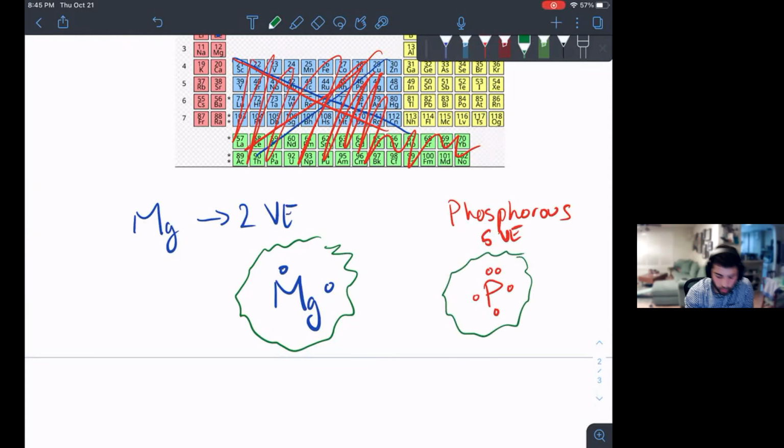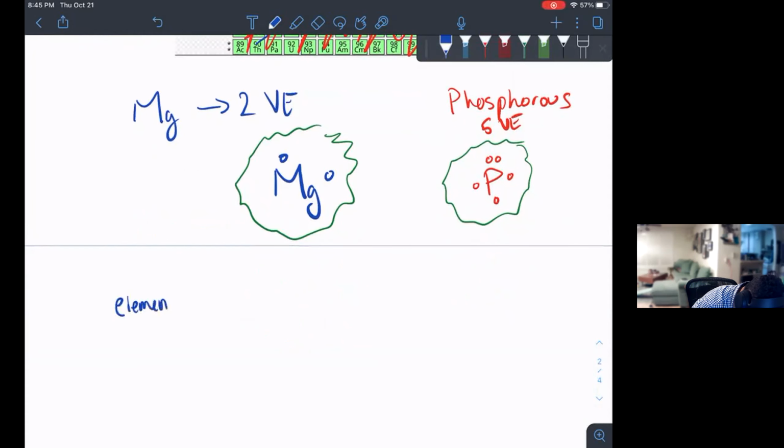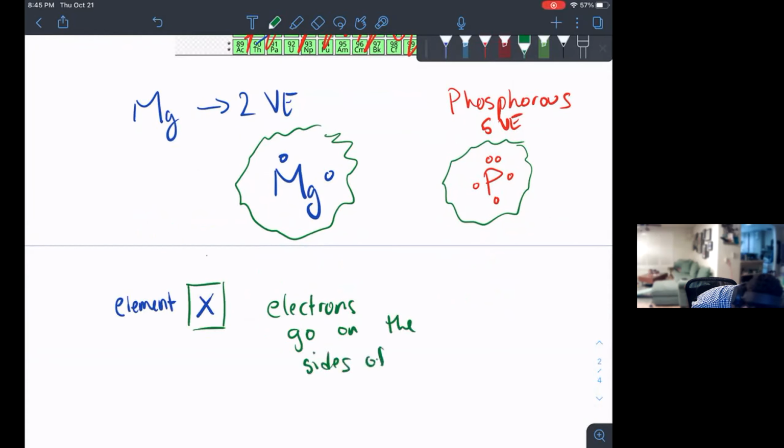So a couple quick rules with this. First off, if we look at any element, let's say element X, if you imagine a box around it, electrons go on the sides of the boxes.